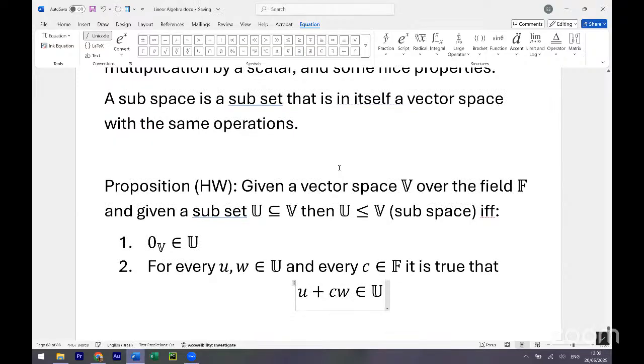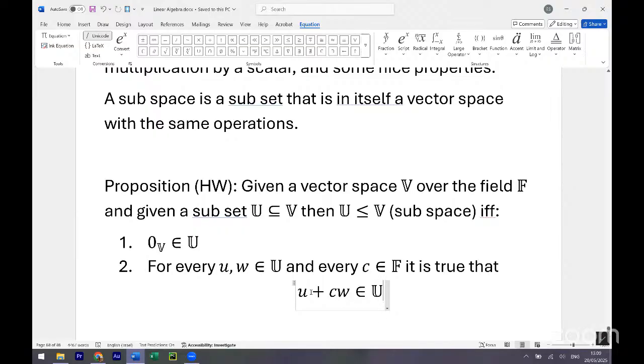And that is a shorthand. The first demand is that the set is not empty, because if it was empty, this would be true in an empty sense, and we don't want that. We could just simply demand that the set is not empty, but it's easier to make sure the zero vector is there.